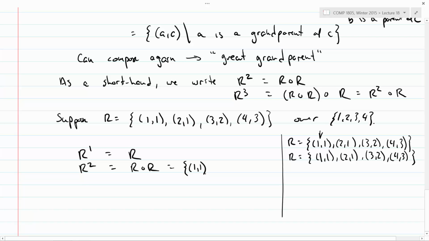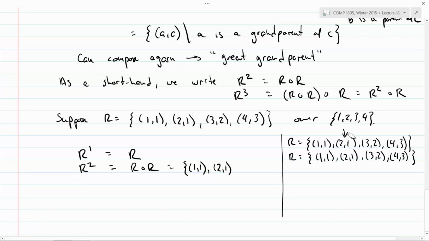There's nothing else that starts with 1, so I move on to the next thing. (2, 1). What starts with 1 in the second relation? Well, just (1, 1). So I have (2, 1), I have (1, 1), so therefore I have (2, 1) in my output. That's nice.